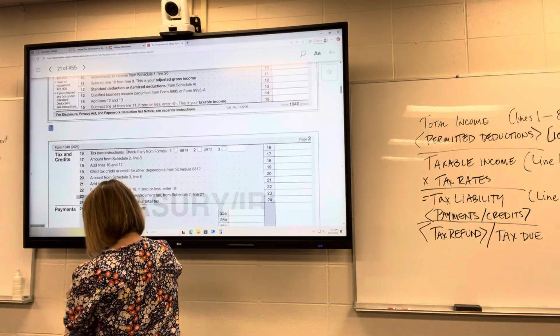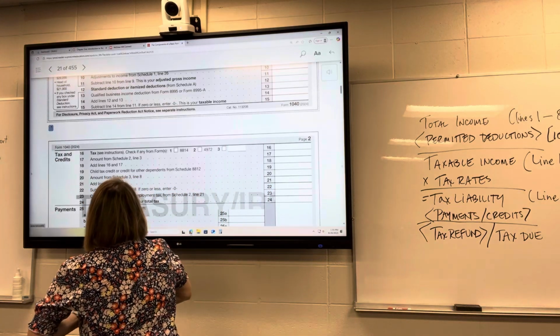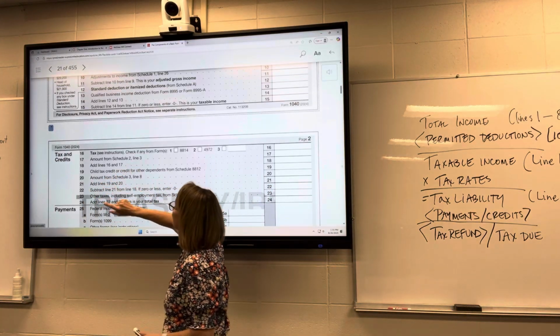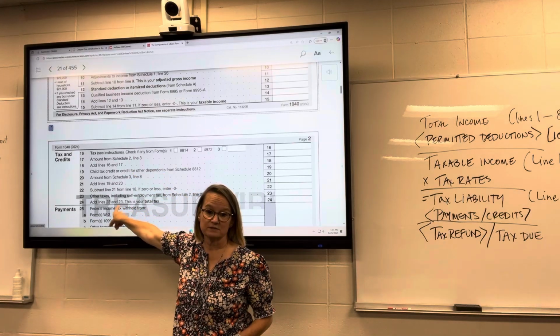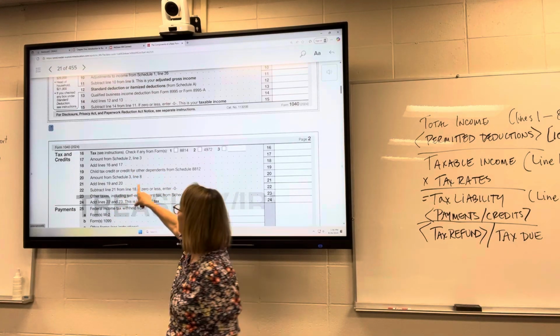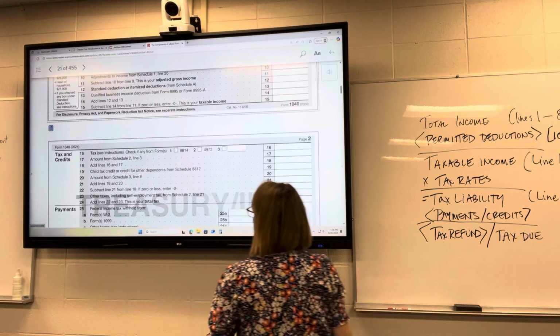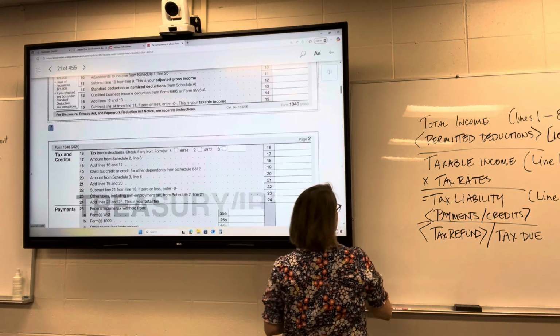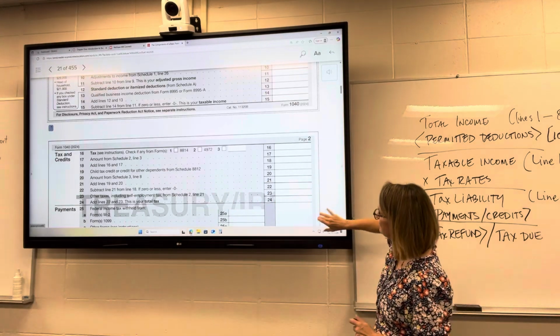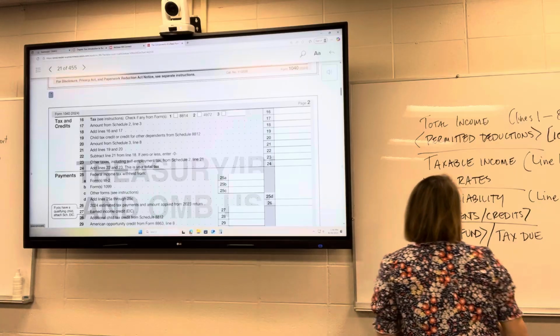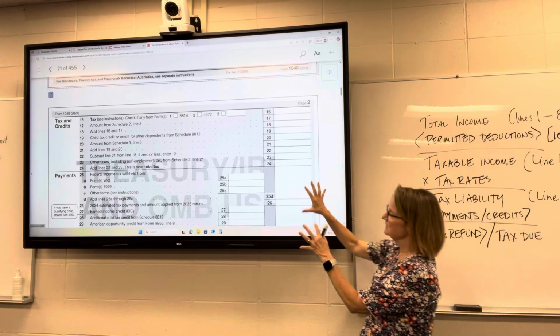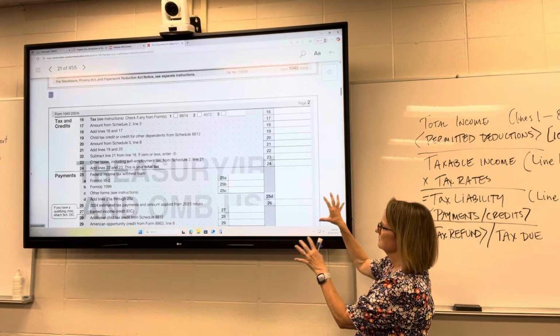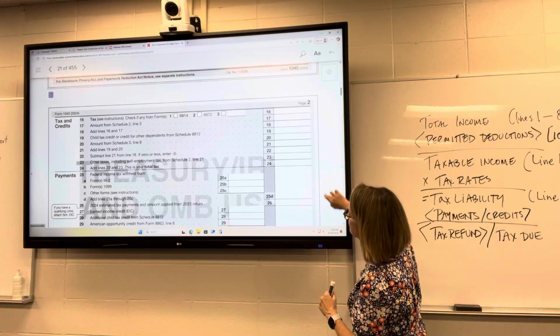And then you can see there's all sorts of other things here. We've got amount from Schedule 2. These are different types of credits, okay? And we have some additional taxes as well. So this stuff is a little bit more all over the place. We see payments and credits.